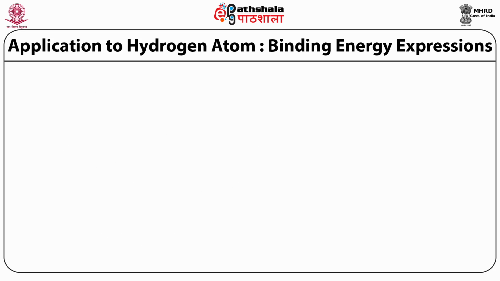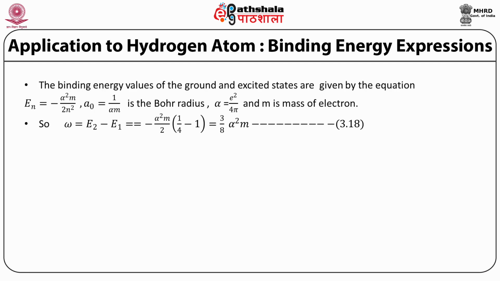The binding energy expressions are then obtained as follows. The binding energy values of the ground and excited state are given by the equation En is equal to minus alpha squared m by 2n squared. A naught is equal to 1 over alpha m, the Bohr radius. Alpha is e squared by 4 pi and m is the mass of the electron.